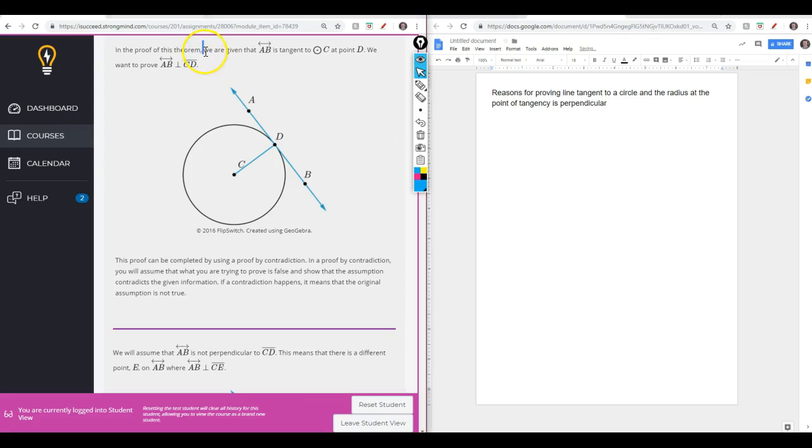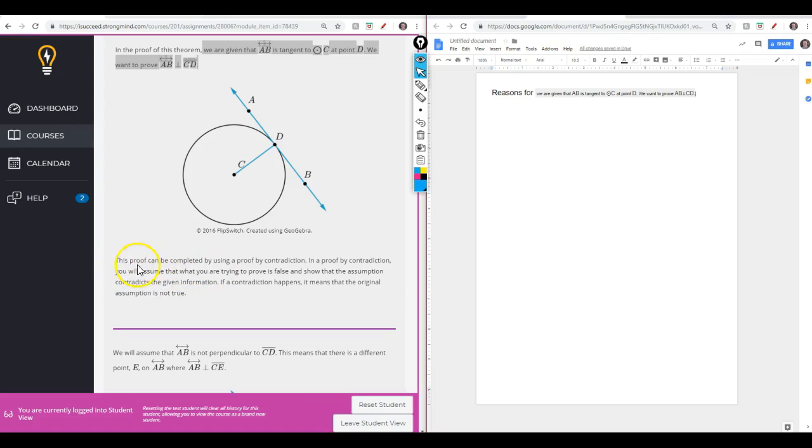So pretty much we were given this, we want to prove this. Maybe I would copy that in, but it doesn't really copy very well because the lines don't go over the head of the segment. So anyways, that's what we're given, what we want.